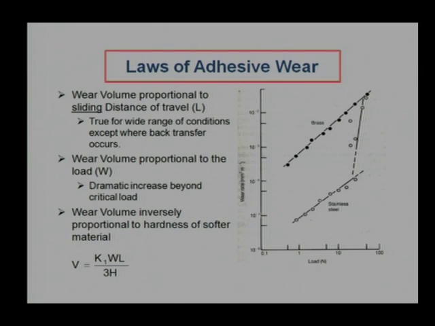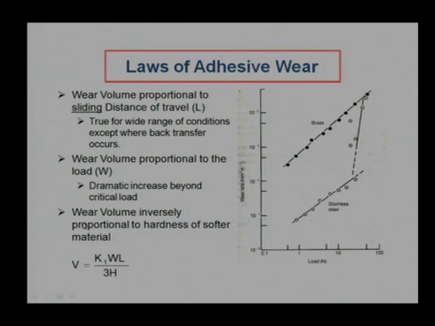If it is not subject to plastic deformation, then it will not be proportional to the load; it will be slightly lesser than that, or the effect of the load will not be that high. So, if we use this law, then we need some constant along with that, which can modify this depending on the area of contact. For the time being, we can assume this is proportional to W.